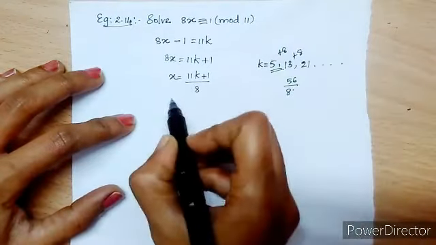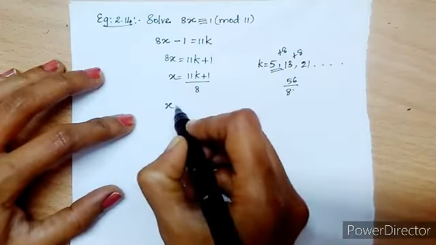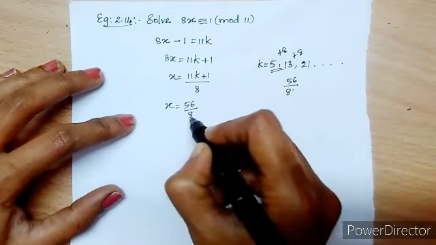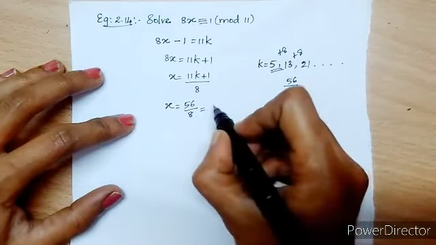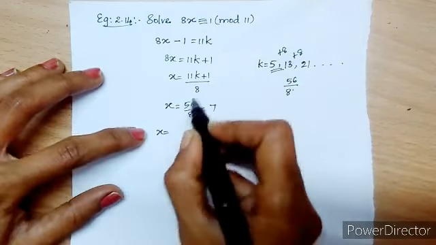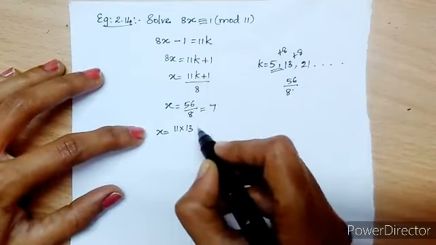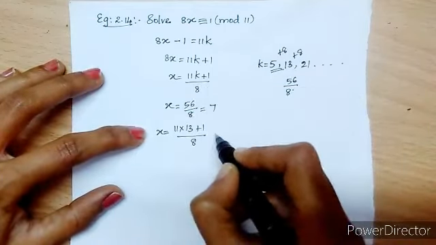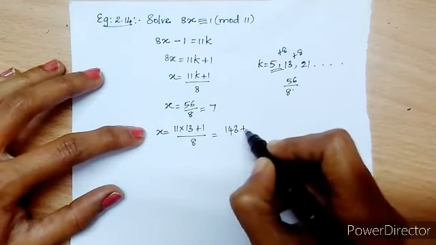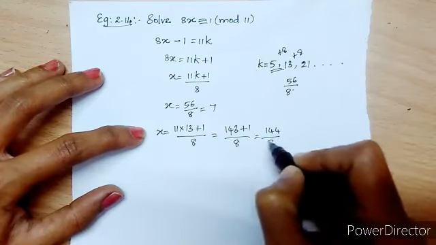Okay. So now let's find what is the value for x. So x equal to, first apply 5, so that you will get 56 by 8. So what is the value here? It is 7. Next one, x equal to, value for k is 13. So 11 into 13 plus 1 by 8, which is equal to 11 into 13 is 143 plus 1 by 8, which is equal to 144 divided by 8.